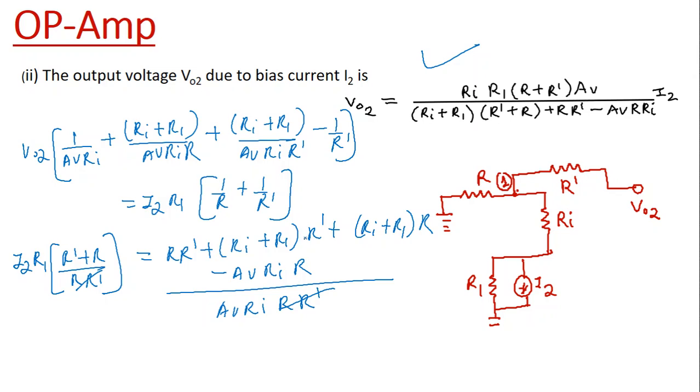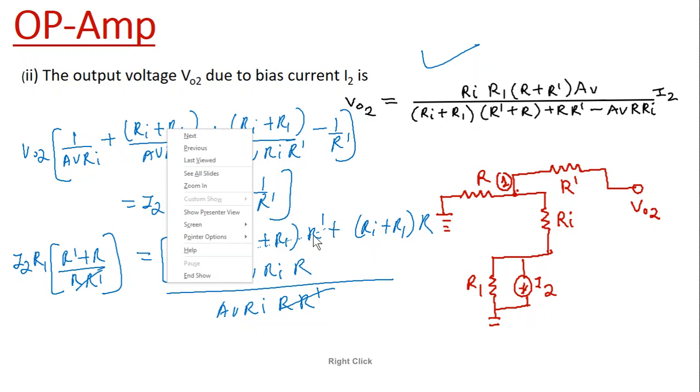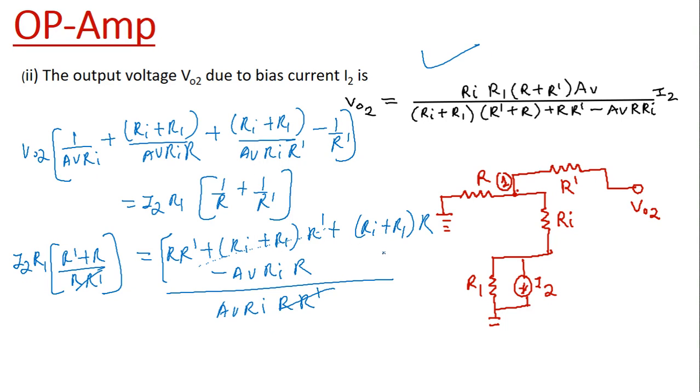The numerator will become the denominator and the denominator will become the numerator for finding out the VO2. So this equation is multiplied by VO2 here. We cross multiply and then find out this VO2. So this is the equation.